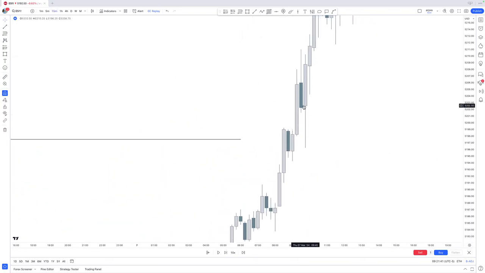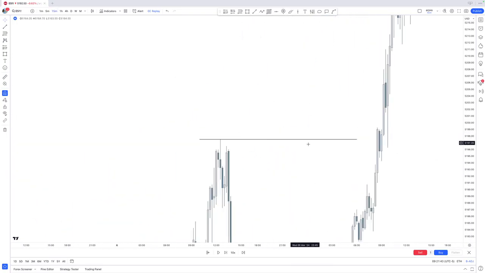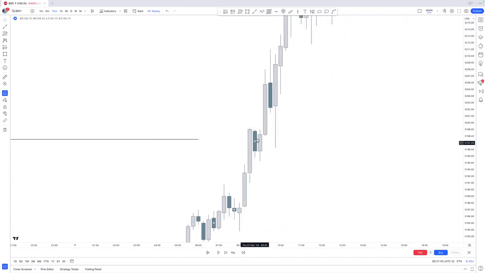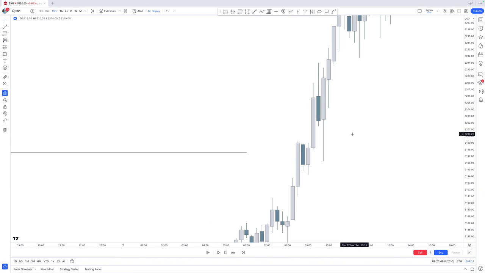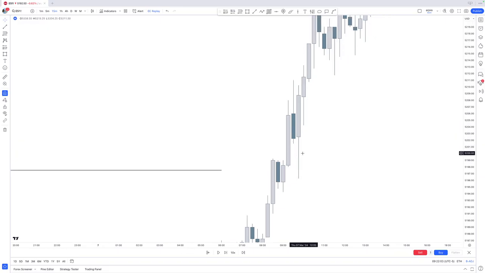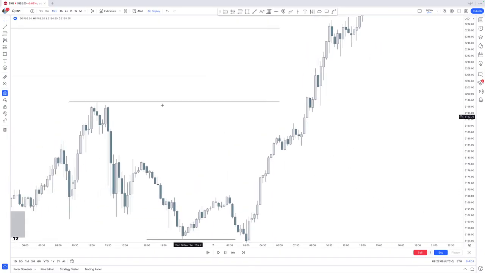Or for example, this move into the fair value area right there and the nested order block right there, that's perfectly fine to trade off of. That's where eventually, a bit more advanced, trying not to get ahead of myself, but I know you're already a little bit more advanced, so that's why I go over it as well, you can just go into the 1 minute to confirm, again, the same idea with the same premise overall. So that is how I would go about it, if that makes sense.